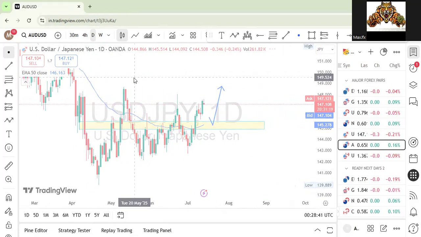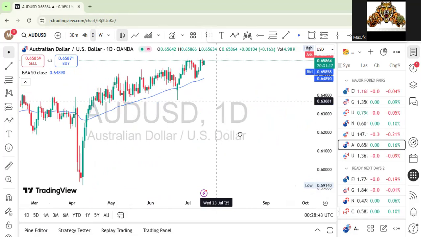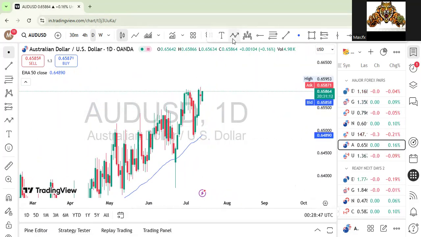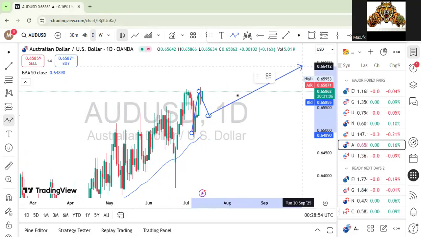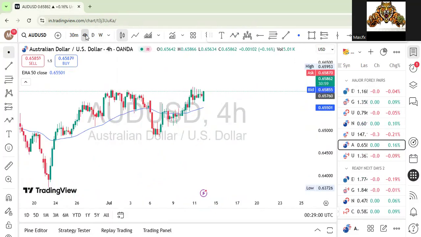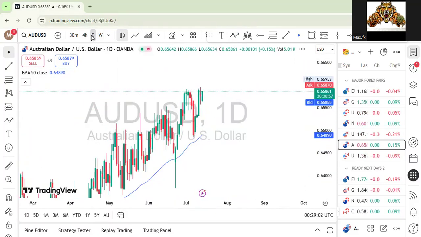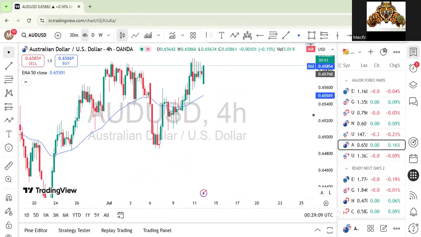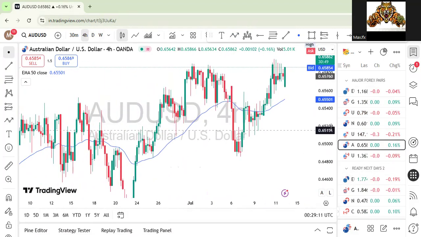Okay. The next one, AUDUSD. It's made this nice higher high, and you're expecting a higher low right here. So you're looking for a zone to enter into the market.